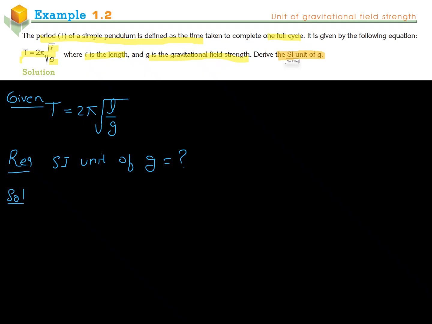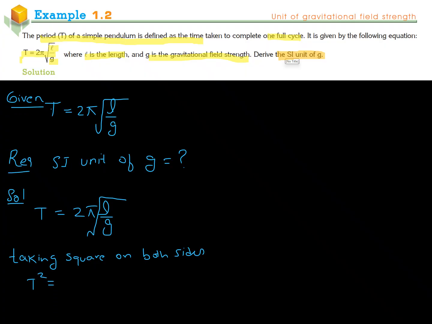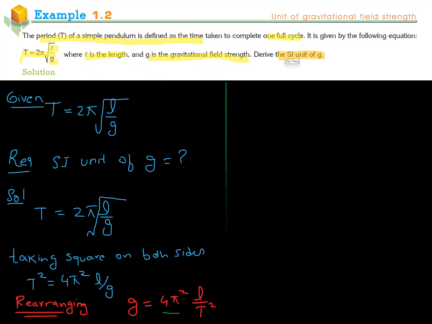We can start with the same formula, but now we need to take the square on both sides, and as we take the square on both sides, we will get T square equals 4 pi square L by g. By rearranging this equation, we get g equals 4 pi square L by T square.